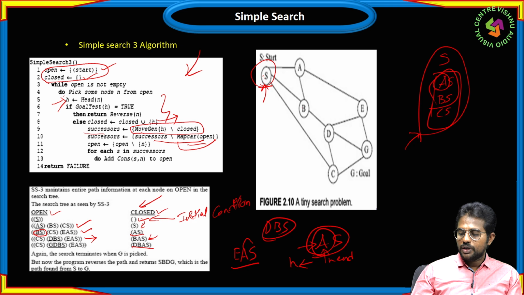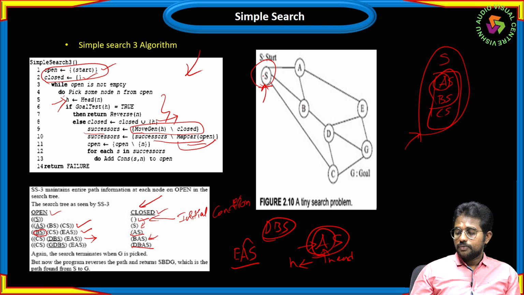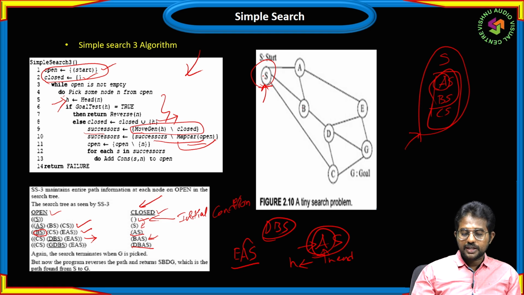In these 4, I will first delete the elements that are present in closed. B was already in closed, so B was ignored, and next E, C, G will be stored in successors.